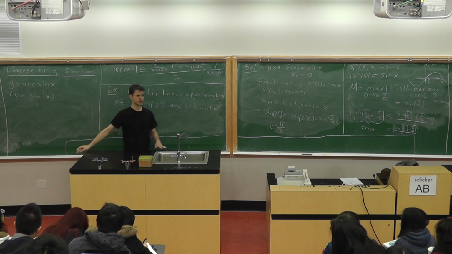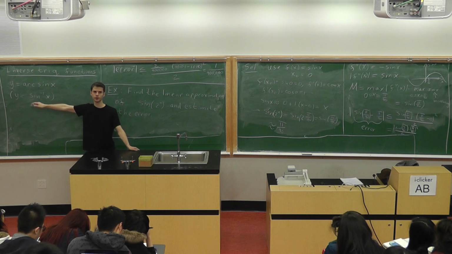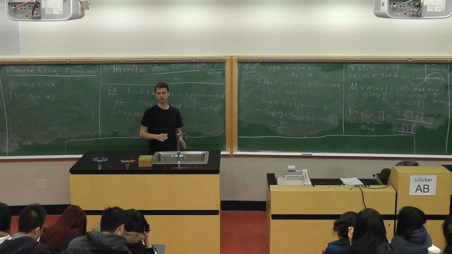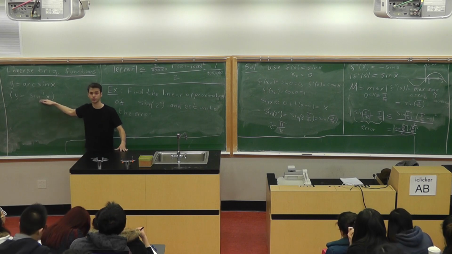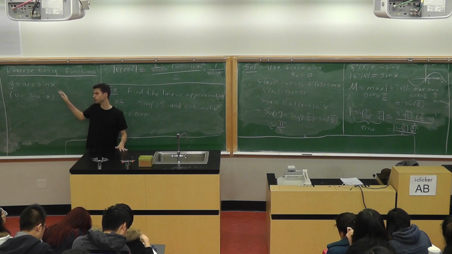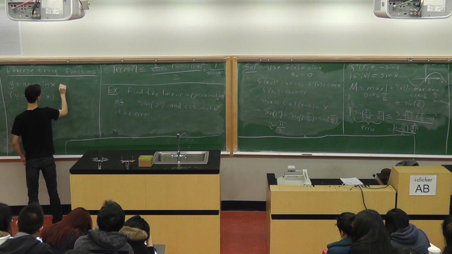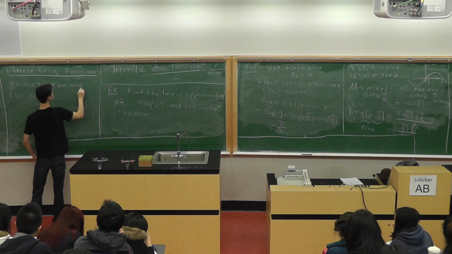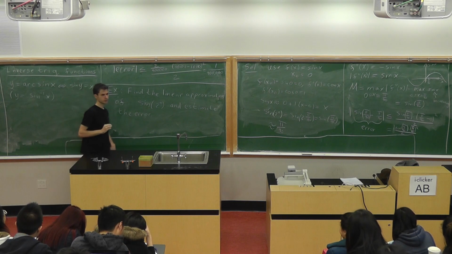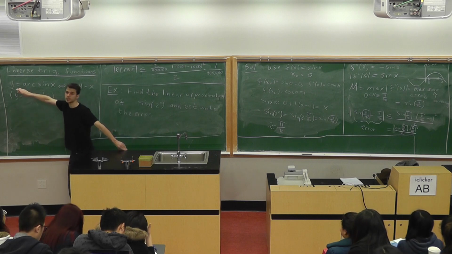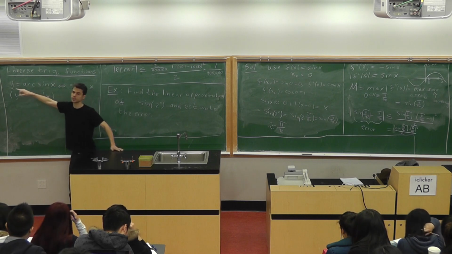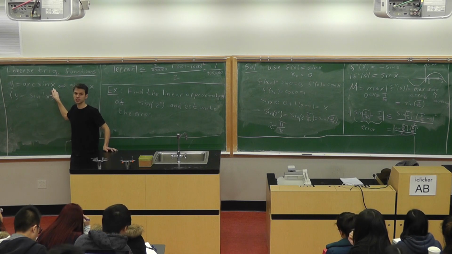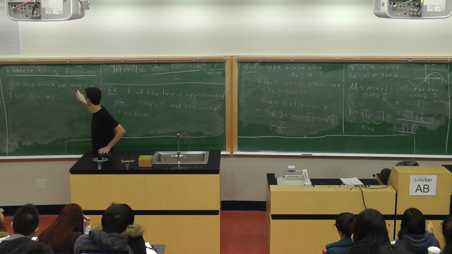In the same way we write y is f to the negative 1 of x, meaning it's the inverse function. We also sometimes write y is inverse sine of x. And the meaning here is as follows. This happens exactly when sine of y is equal to x. So we say that y is the arc sine of x when its sine is x. Or in other words, arc sine of x is the number whose sine is equal to x.